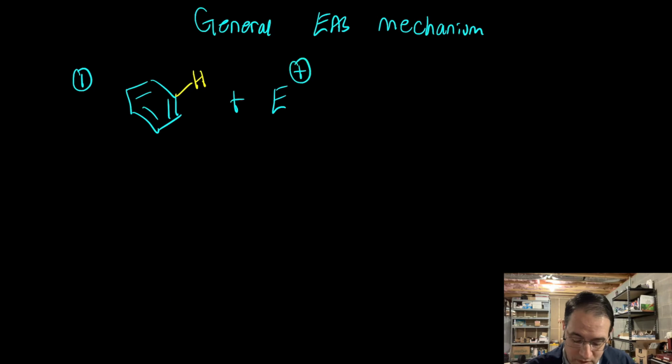So in the first step, what we have here is attack of one of those pi bonds of the benzene ring onto the electrophile. And that's going to give us a complex, or an intermediate.